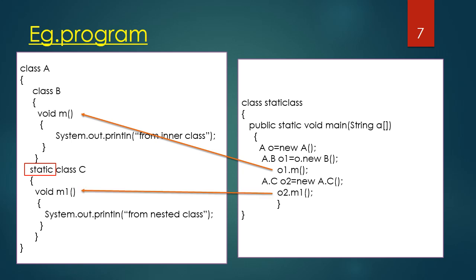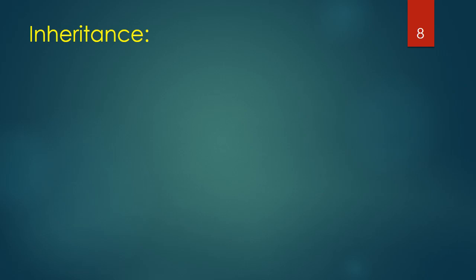Then it goes to M1, and we get output from nested class. This is the way in which we create objects of the inner class and static class. So this is the use of the static keyword at various levels, like static variable, static method, static block and static class. Next topic is inheritance.